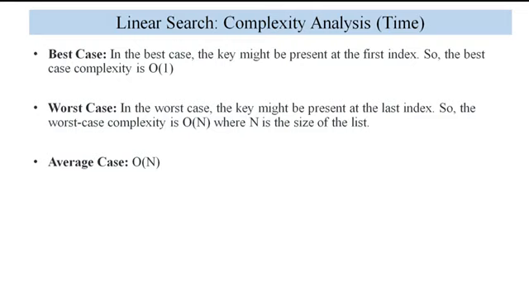N by 2 number of searching operations are required. So in big O notation, this n by 2 is approximately of order of n. So the average case time complexity of linear search is represented by order of n. So that is about the linear search.